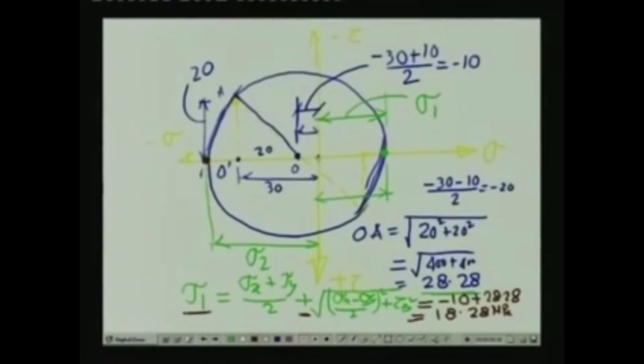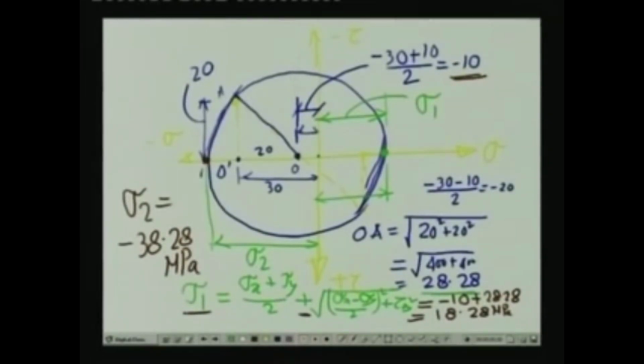So, the distance from here to here is 38.28, and in terms of this equation, sigma x plus sigma y by 2 is minus 10, and this radius is 28.28, which is minus. So, in a combined form, sigma 2, the minimum principal stress, is equal to minus 38.28 MPa.